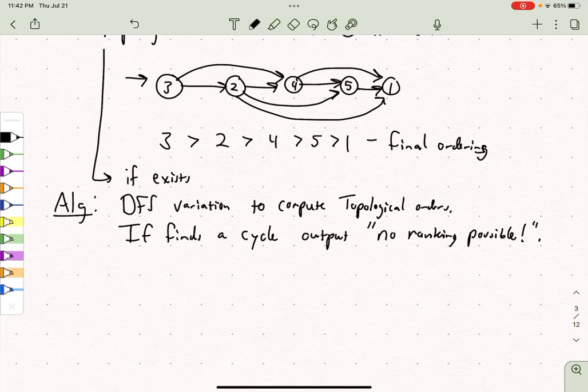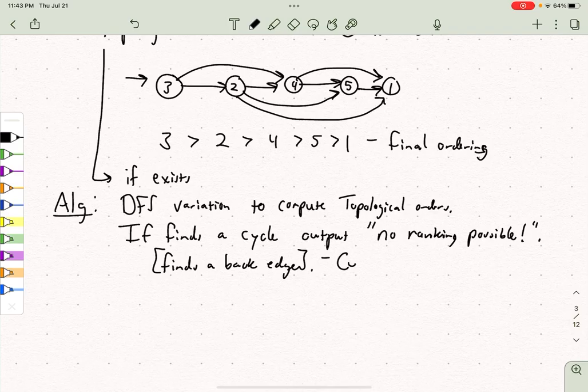So we can use something like DFS to compute the topological order, and also if it finds a cycle while it's doing this, because it has a back edge, it'll just print out no ranking. So this is if it finds a back edge. That's basically the cycle detection algorithm. So we're kind of combining both.